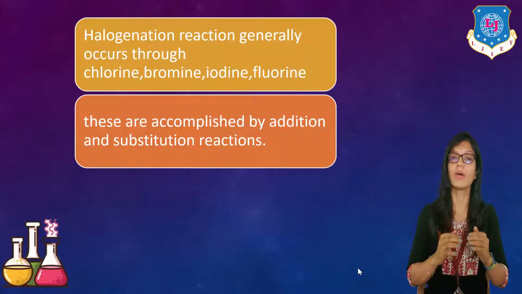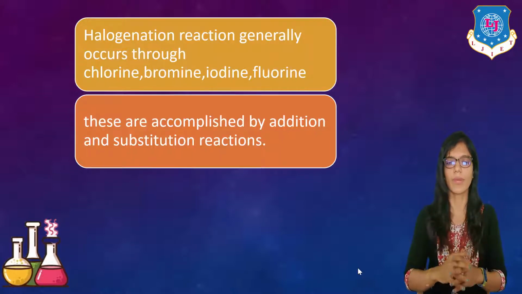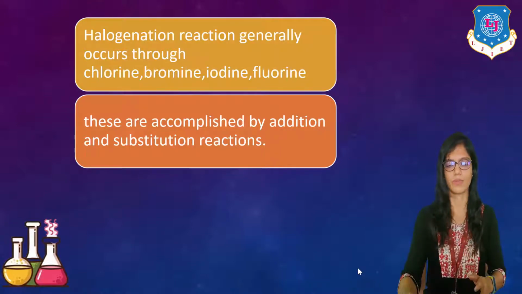In this manner, one substitutes for the other, and what we get is the substituted product. So in general, a halogenation reaction follows either an addition reaction mechanism or a substitution reaction mechanism.